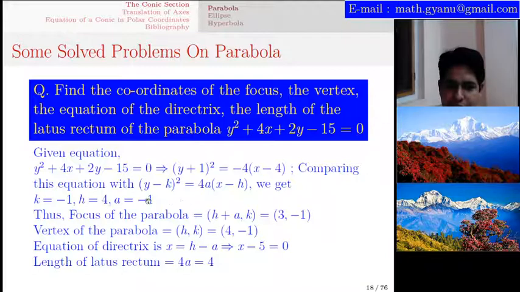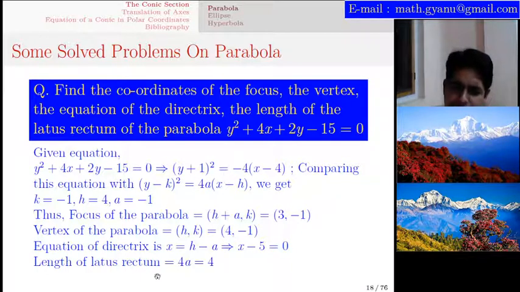Directly, when you compare y plus 1 whole square equal to minus 4 times x minus 4 with y minus k whole square equal to 4a times x minus s, what will be the value of 4a? You will see the value of 4a is minus 4.